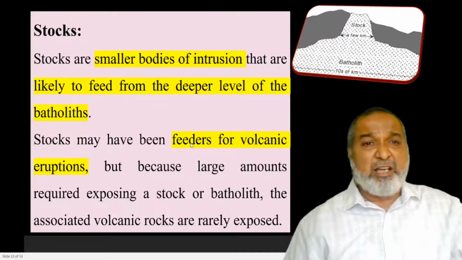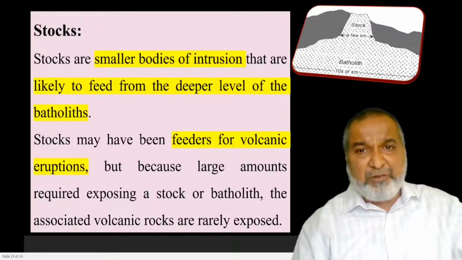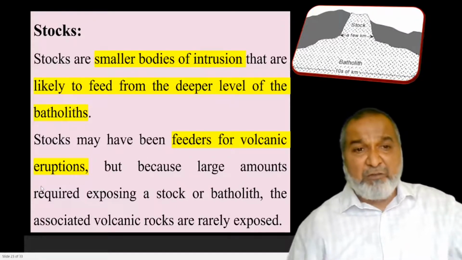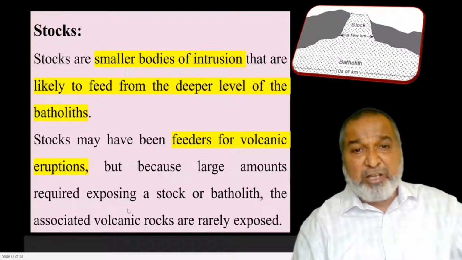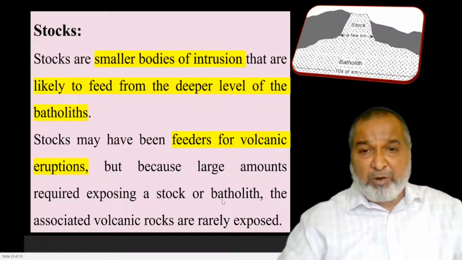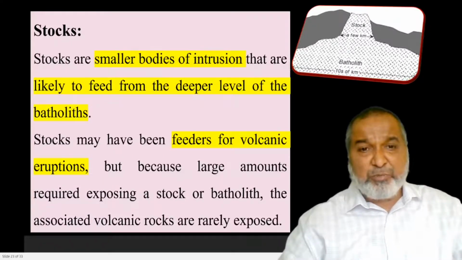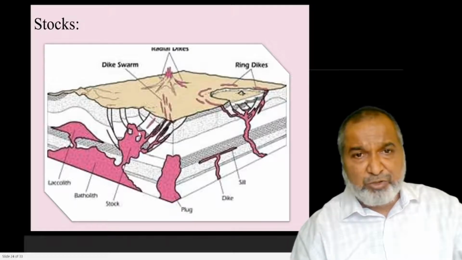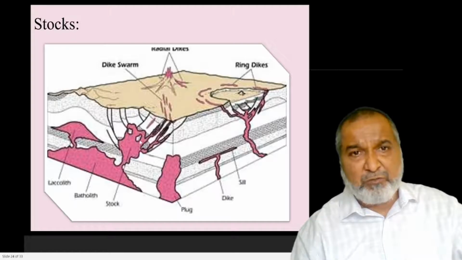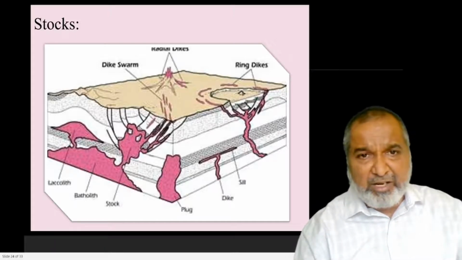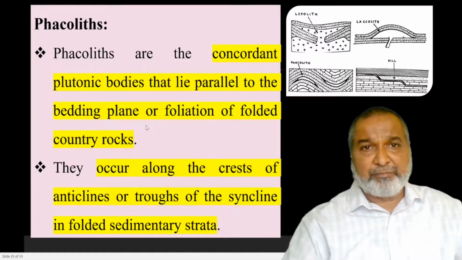So they become the feeder for volcanic eruptions, and a large amount of erosion will be required for exposing a stalk of a batholith; associated volcanic rock is rarely exposed. You can see here, this is the batholith, and from here the stalk goes up. If you want to expose this, this much part has to be eroded.